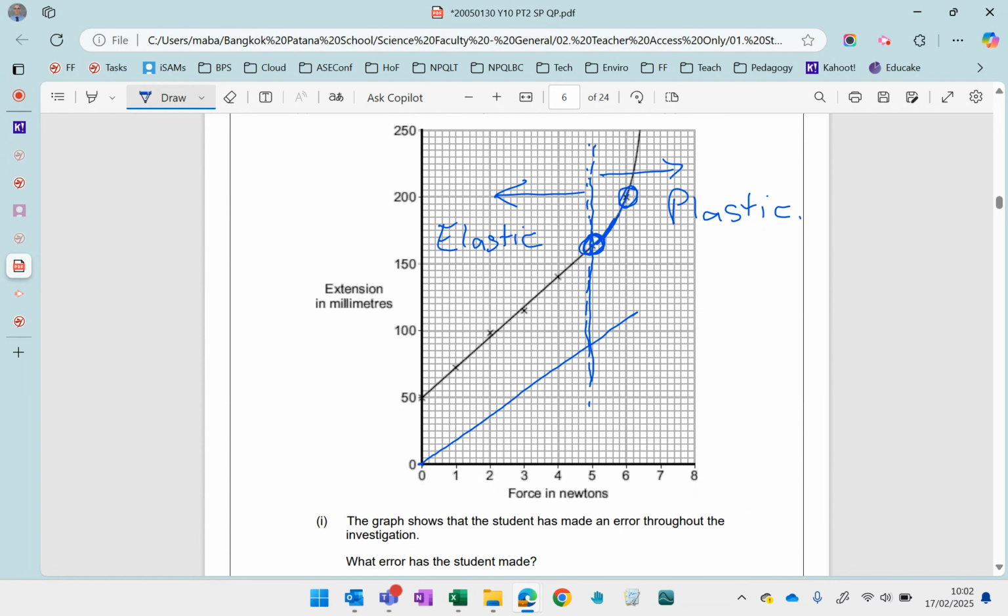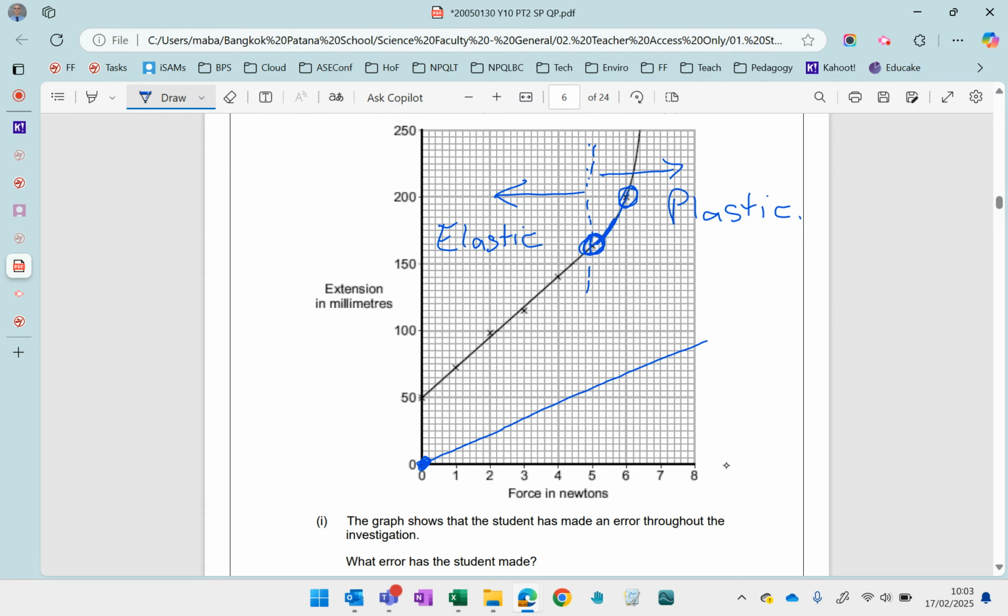So the first thing, if we're plotting extension, then we have to draw a line that goes through 0, 0, all right? And then this one is stiffer. So that means that if we put the same force on, we're going to get less extension. So your line has got to have a lower gradient than the initial graph, right? Because it's a stiffer spring.